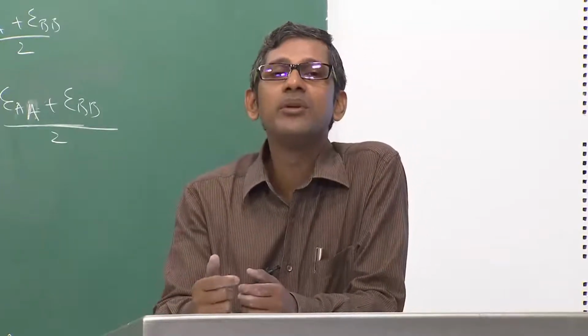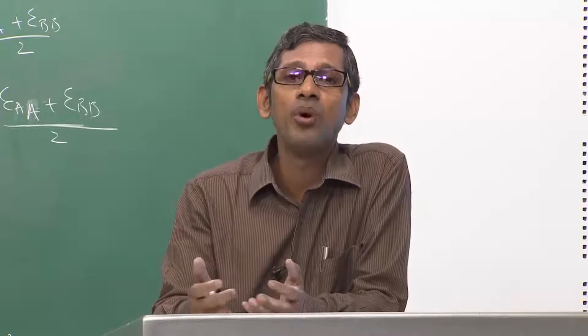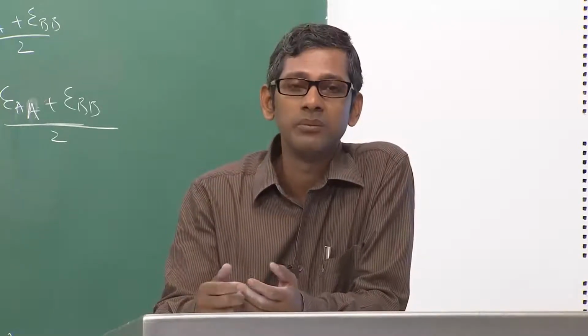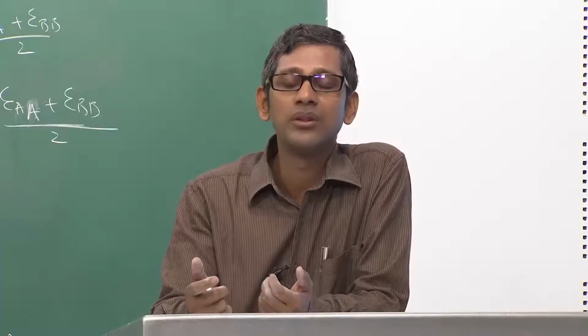So, in other words, temperature increase will lead to an increase of this term. Delta H mix will not change drastically, it will have small changes. So, if the entropic term is increasing because of increase of temperature, solid solutions will be more preferred, but more or less preferred has no meaning. It is basically that solutions will always be preferred for any value of omega less than or equal to 0.